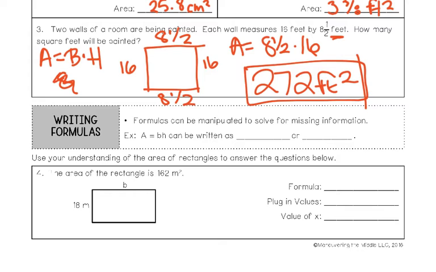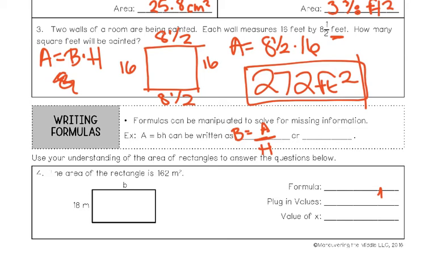So here we go, writing formulas. Formulas can be manipulated to solve for missing information. For example, area equals base times height can be written as, base equals area over height. Just like how multiplication is the opposite of division.